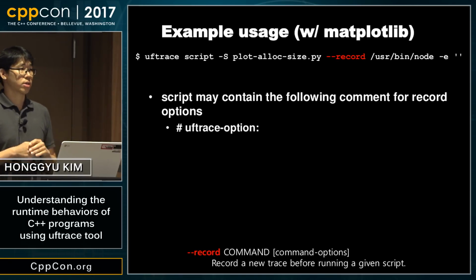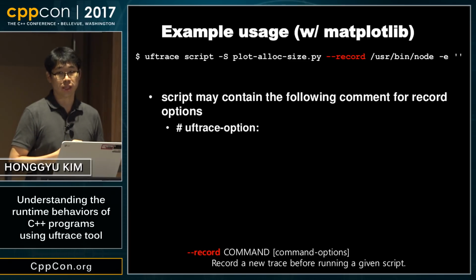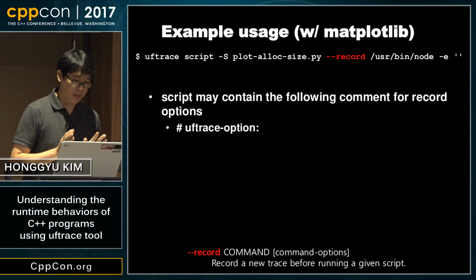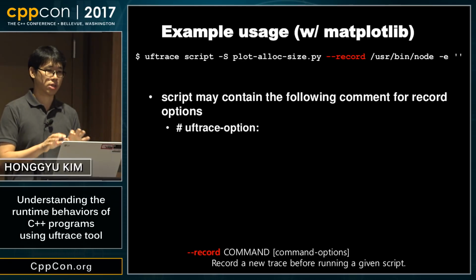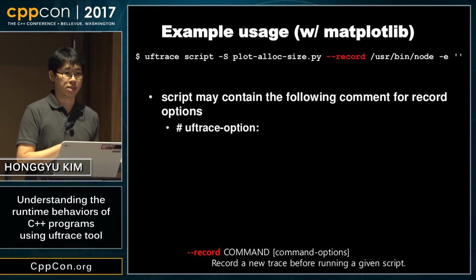I just traced a previous binary, node.js, and I passed one single Python script. In the Python script, there are some comments with uftrace options, so we can write some kind of uftrace record options. In that case, you don't have to explicitly specify the options outside. You can specify some of the information inside the script.